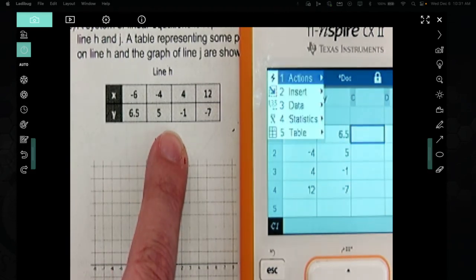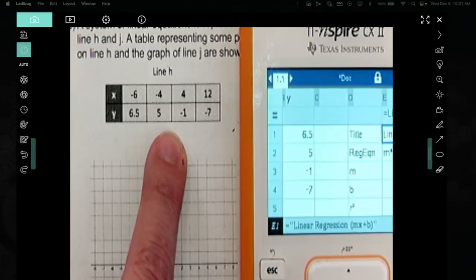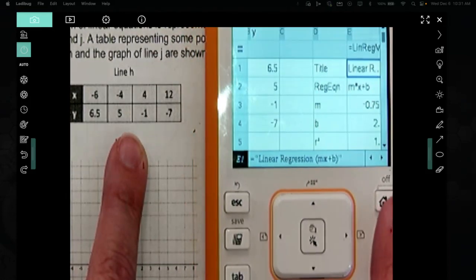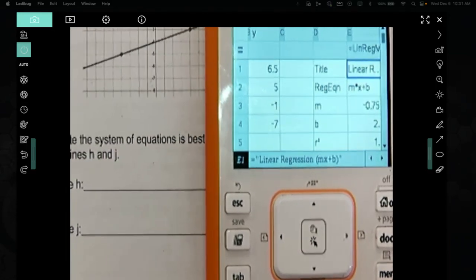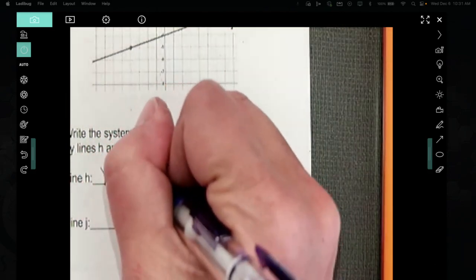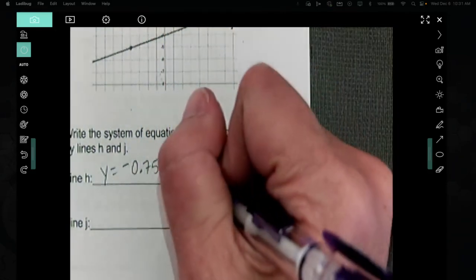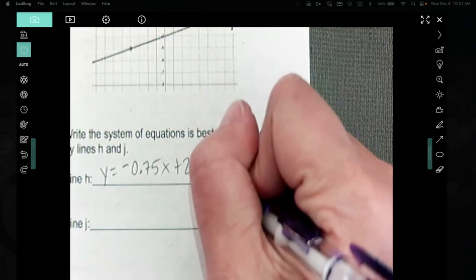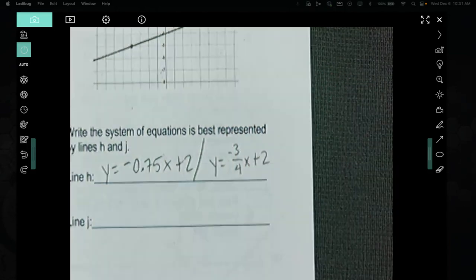All right, menu 413, XY, enter, enter. So I'm going to come down here for line H. Y equals negative 0.75x plus 2. Now, you could also write that as a fraction, negative 3/4 x plus 2.